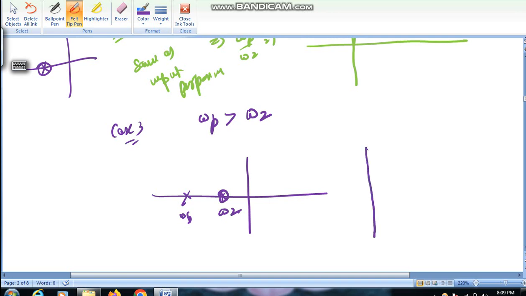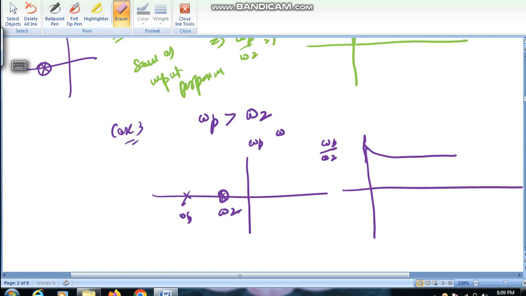Now here what will happen? It will settle like this. So this is omega_p upon omega_z greater than 1. Okay, so this is your timing response actually, and your input is something like this.